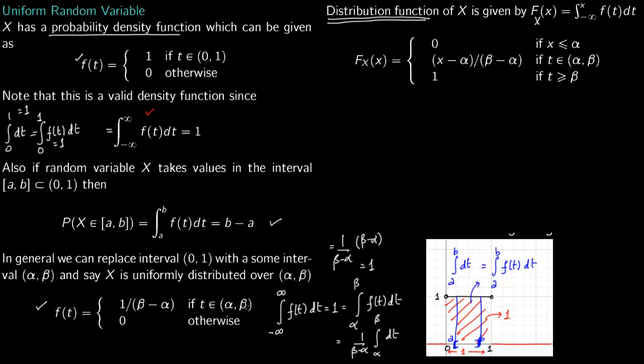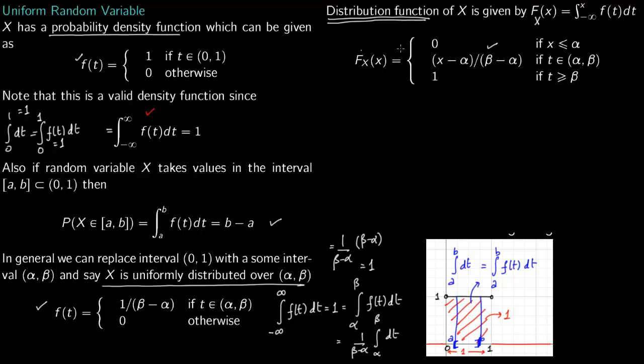Here alpha and beta are not in the interval. So between alpha and beta, it will be given as x minus alpha over beta minus alpha. This simply comes from integrating. So let us integrate it. We are focused on this part right now. So we are talking about the distribution function of this uniformly distributed random variable over alpha beta.